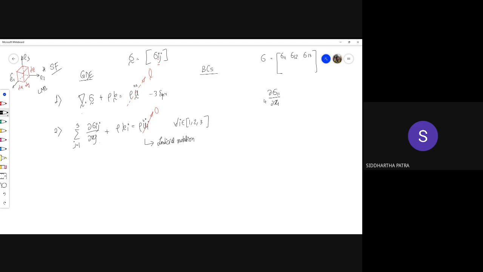If the configuration is given by the components of the vector x, which are x1, x2, and x3, then this summation right here is essentially del sigma 1 1 del x1 plus del sigma 1 2 del x2 plus del sigma 1 3 del x3.